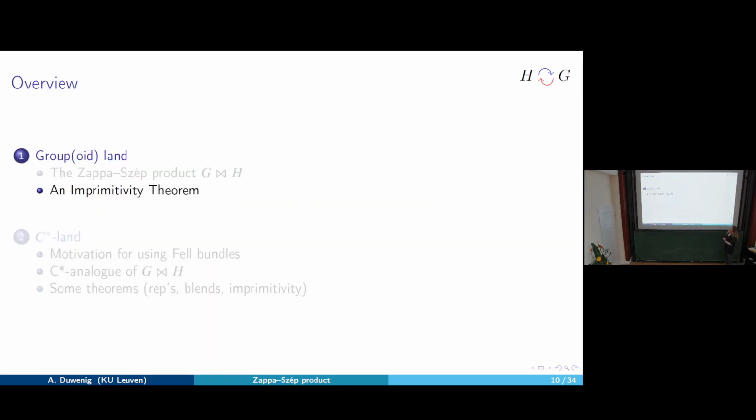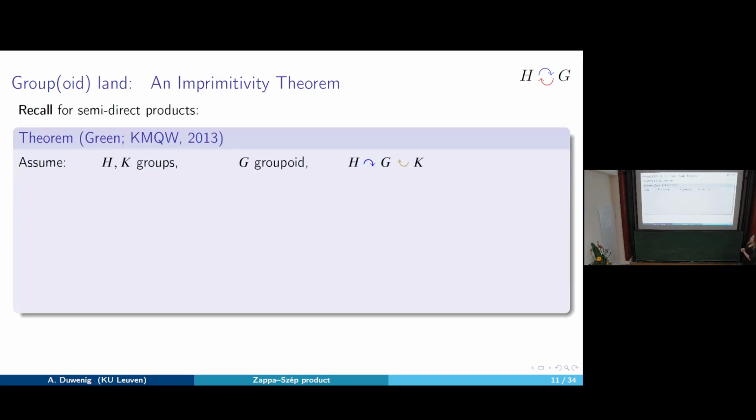Okay, so now we can get to a theorem. First, let me, as always, recall things in the world that we are all familiar with, semi-direct products. This is originally due to Green, and then a generalization by Kaliszewski, Muhly, Quigg, Williams. We start with two groups, and we have a groupoid. These two groups act on the sides of the groupoid.